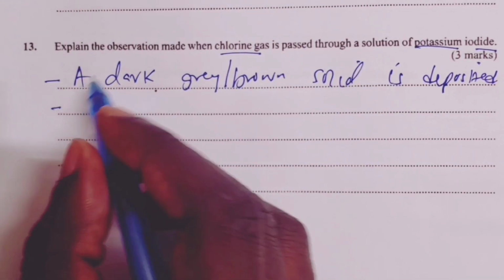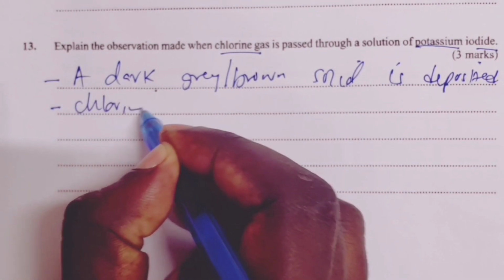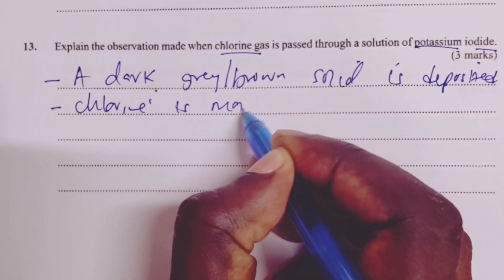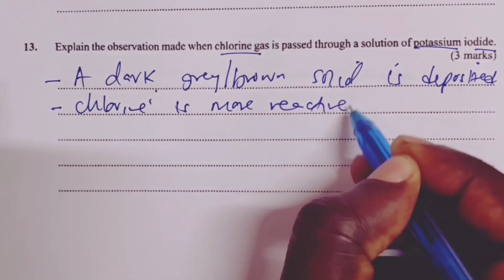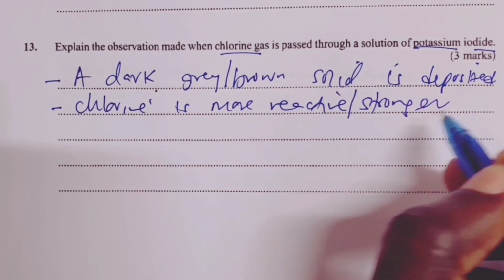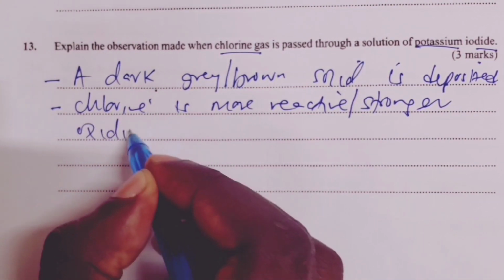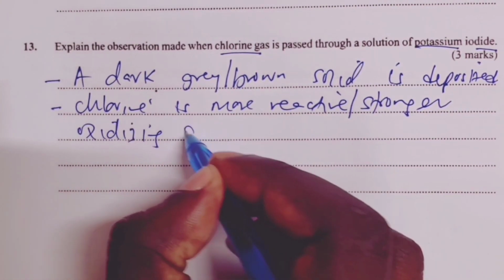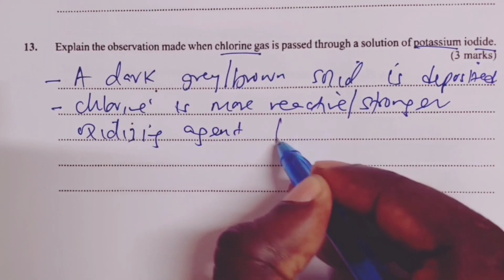We would explain that chlorine is more reactive than iodine, a stronger oxidizing agent.